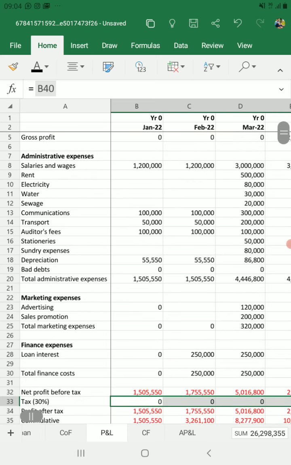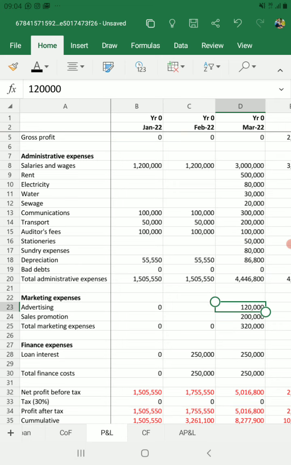Okay, we did adjustment. In this case, let's say we have made our analysis, and we realize that we have underrated our marketing expenses.